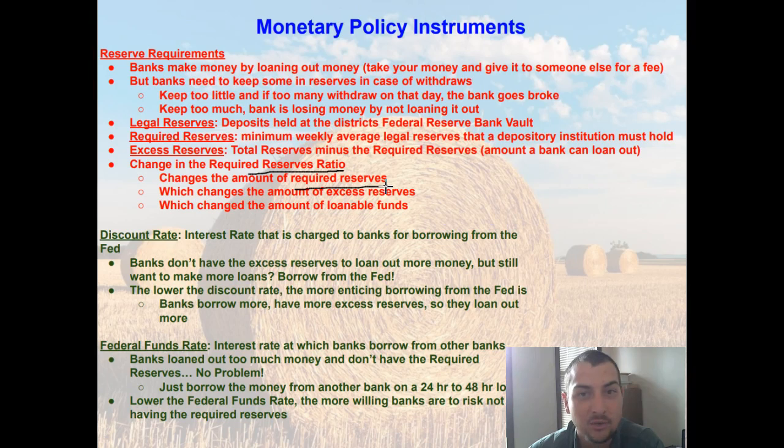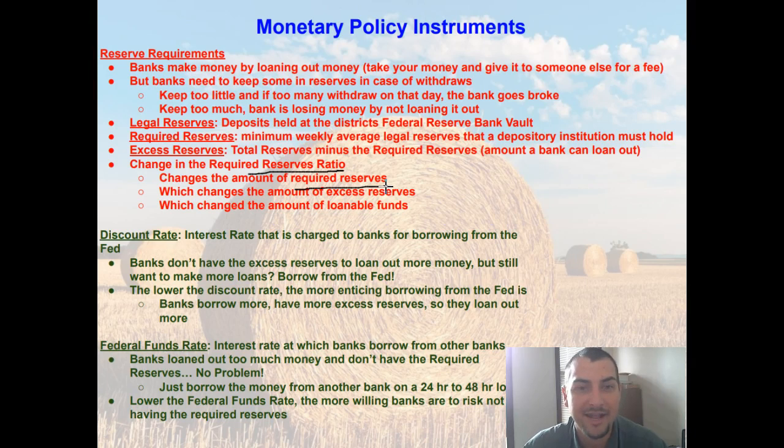Well, what if we increase the required reserve ratio to, say, 20%? If they still have a deposit of $1,000, now they must keep $200 on hand in required reserves, which means they can only loan out $800 versus before they were able to loan out $900.